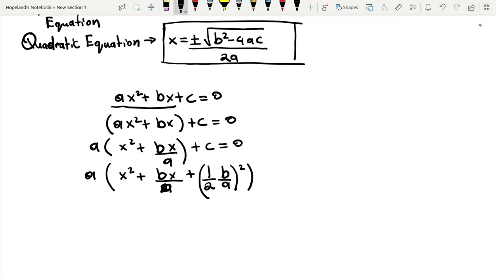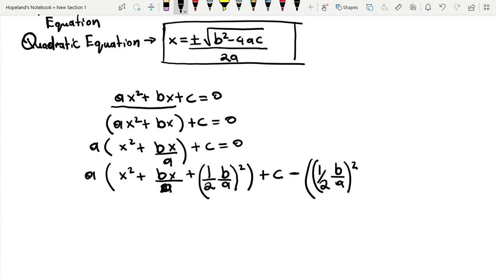So you have plus c, and then you subtract half b over a all squared.